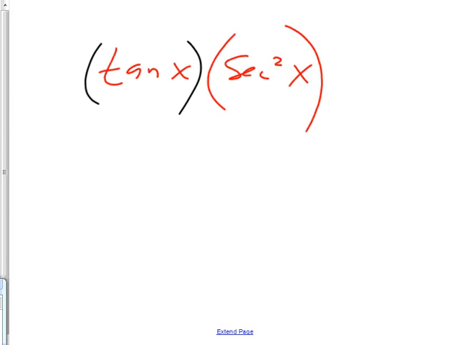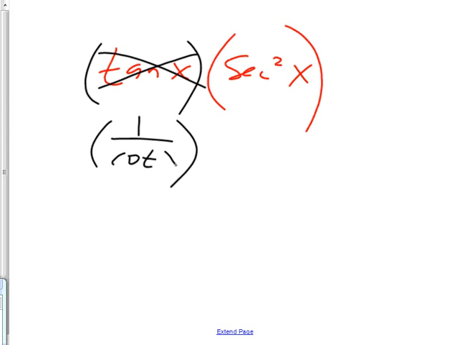Sine over cosine is one option. Okay. If that's not going to work for me, what else could I use instead of sine over cosine? 1 over cotangent, yep. Good.